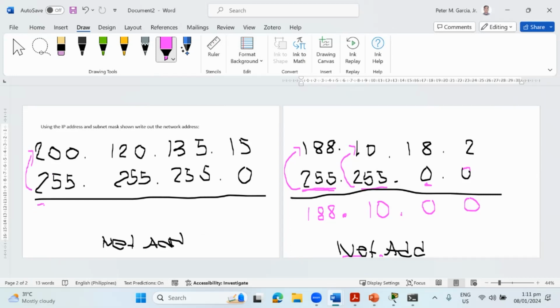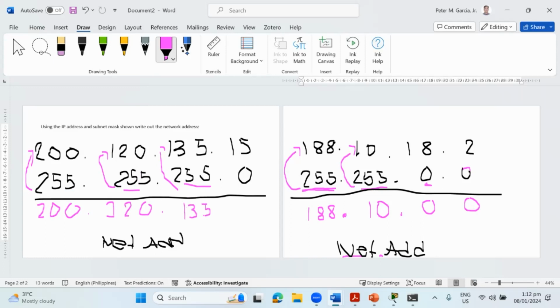So 255 yan, so it becomes 200. Ito naman 255, simply copy the value above, so that is 120. Ito 255 pa rin, so that is 135.